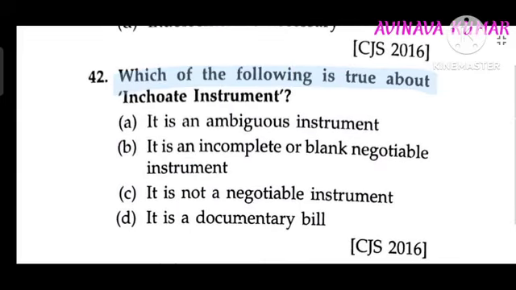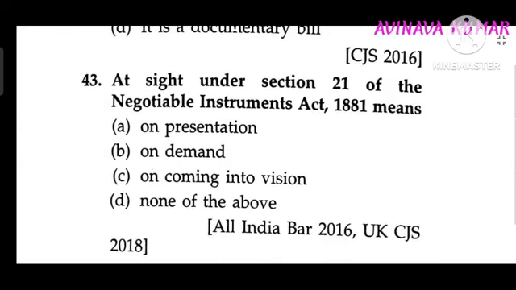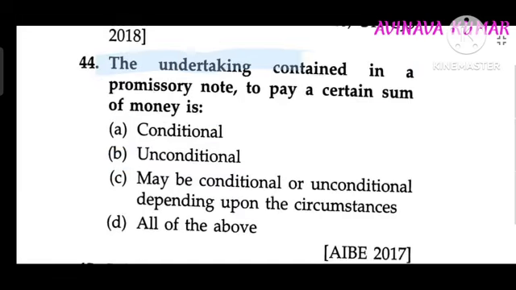Which one of the following is true about an inchoate instrument? It is an incomplete and blank negotiable instrument. At sight under Section 21 of the NI Act means on demand. The undertaking contained in a promissory note to pay a certain sum of money is unconditional.